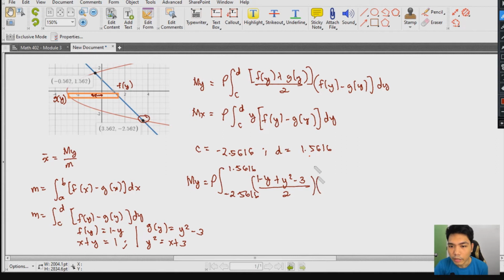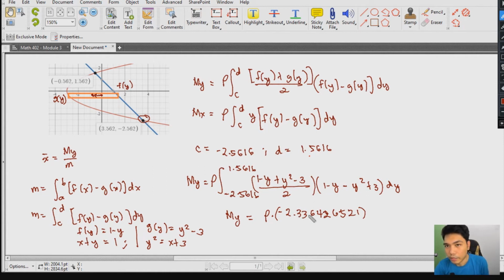Okay, and then we proceed with the difference, so that is 1 minus y minus y squared plus 3, since it's a difference. So therefore, m sub y, in terms of the unit mass density, is density times negative 2.336426521. Okay, so I'll be storing this value to be exact for our future computation.